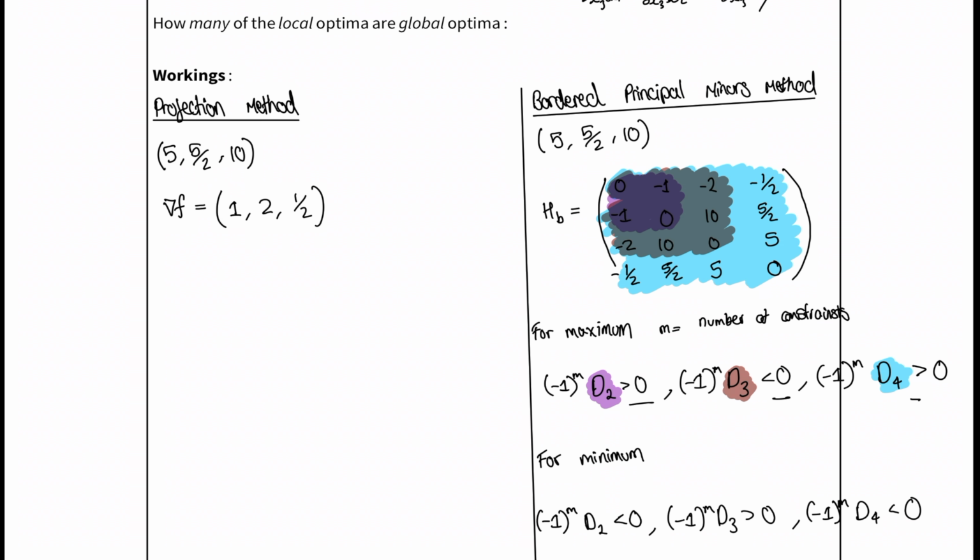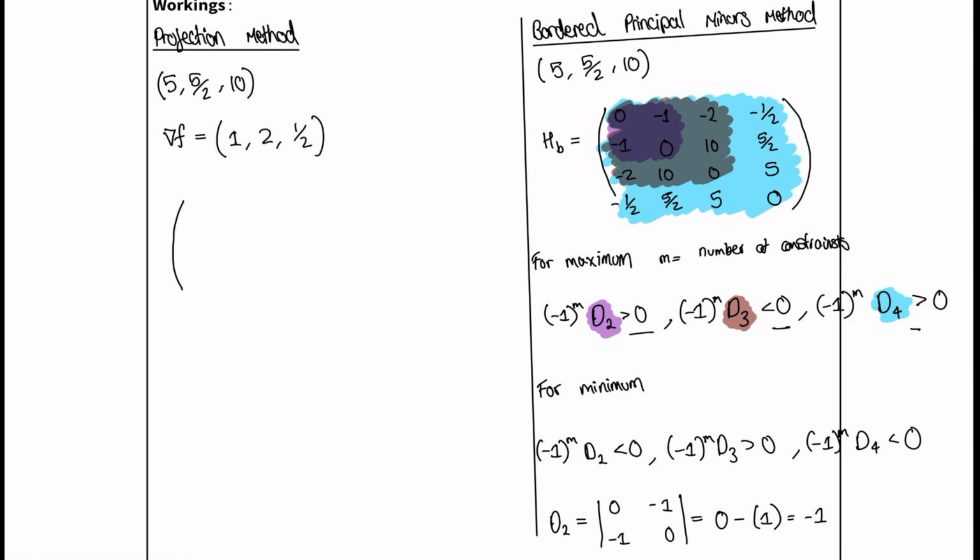Then we find two vectors which are orthogonal to this gradient. The easiest way to do that is to make one of these equal to 0. So I'm going to make this z component, or I should say the x3 component, 0.